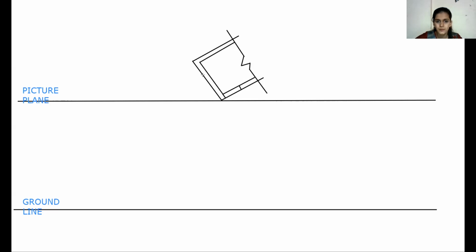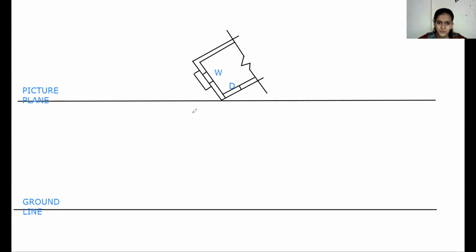Here is the door and here is a window. Make sure that the window is in the center. So only this much of the plan I'm going to show.